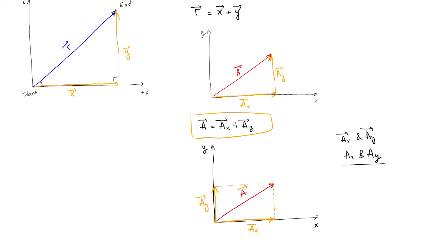The scalar component ax has a magnitude equal to that of vector ax and is given a positive sign if ax points along the positive x-axis, and a negative sign if the vector ax points along the negative x-axis. Let me write a kind of chart so it would be easier to understand.